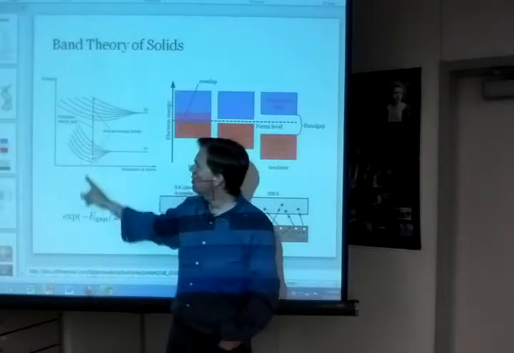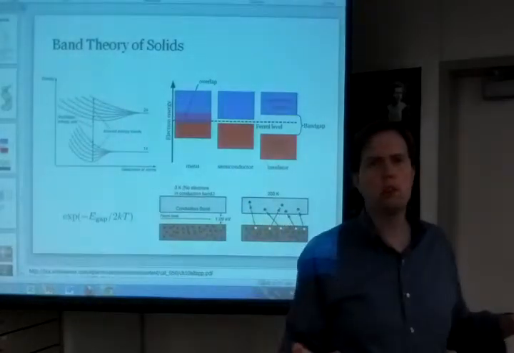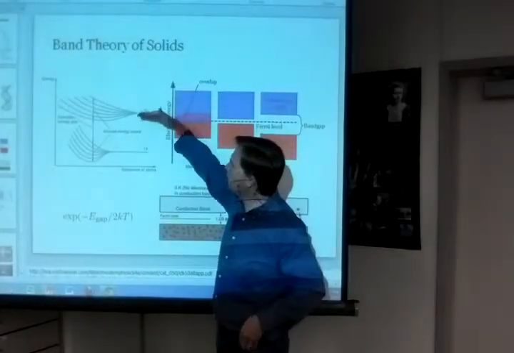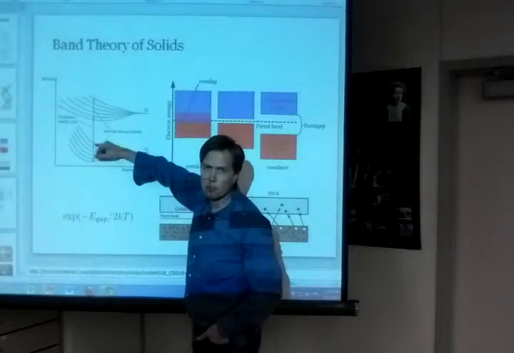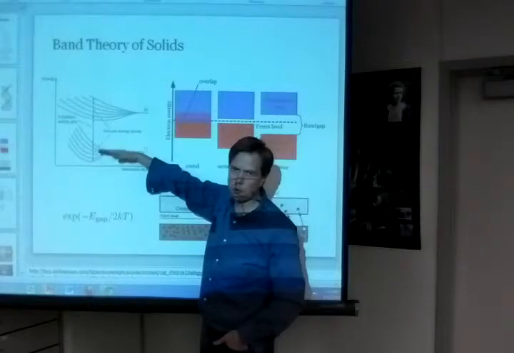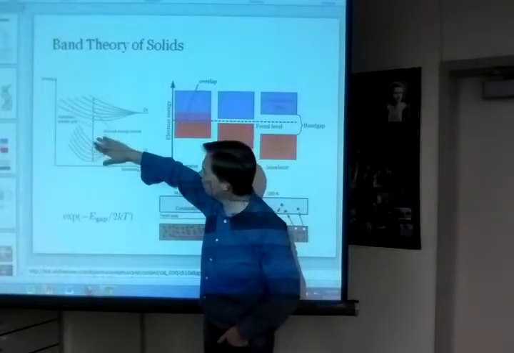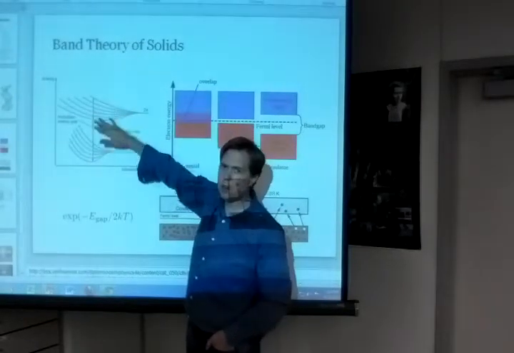This represents the distance between the atoms in a crystal. Also, instead of a single energy level, we now have an energy band. This drawing has 6 or 7 lines, but really we've got millions of lines, so we have almost a continuum spectrum here, and then another one up here.